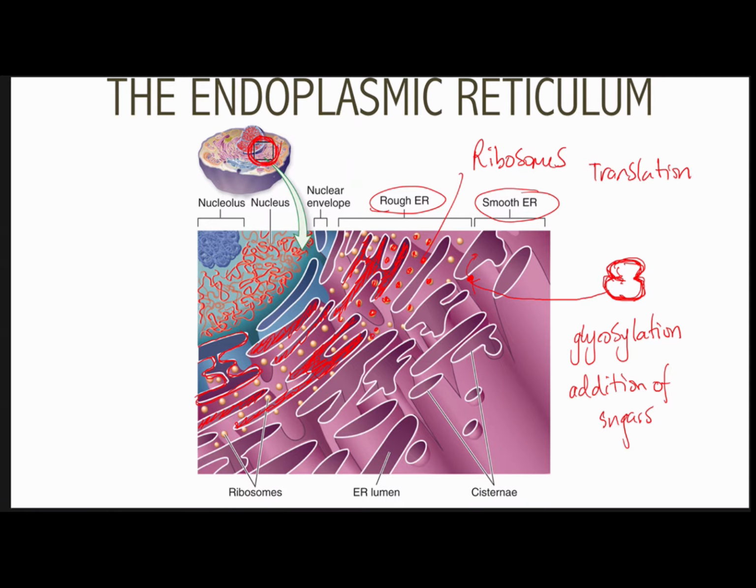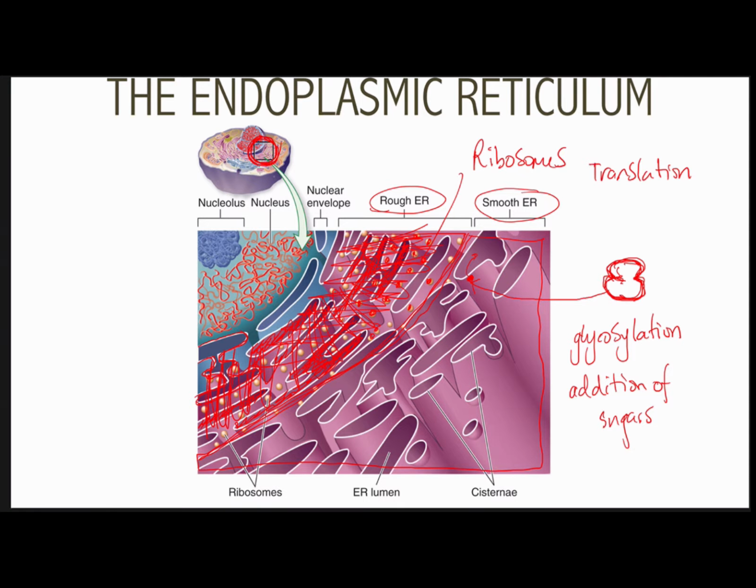So proteins that need to be sent to various places in the cell have to be translated into the endoplasmic reticulum, or some of them do anyway. So that's the rough endoplasmic reticulum. And as you can see, you tend to find rough endoplasmic reticulum closer to the surface of the nucleus. And then all of the endoplasmic reticulum that we find further away from the surface of the nucleus is smooth endoplasmic reticulum.